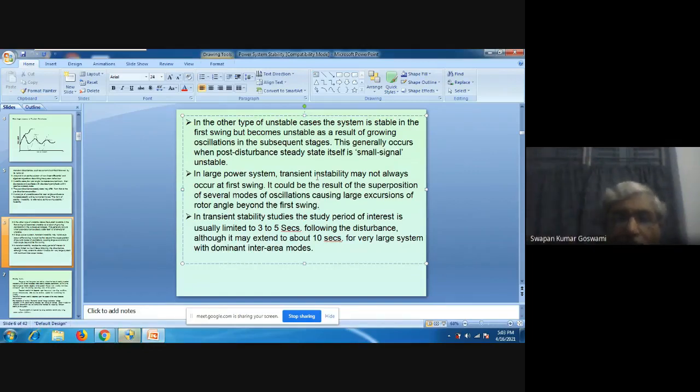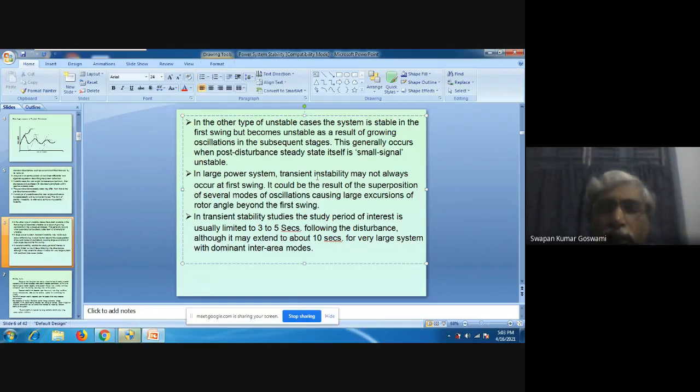Okay, that means they will be oscillating together because of the proximity of their location. But some generators may swing with respect to other generators as well. So in this way there will be different modes of oscillation. That means there will be oscillation between groups of generators. Okay, there may be oscillations between two generators, or between two groups of generators.